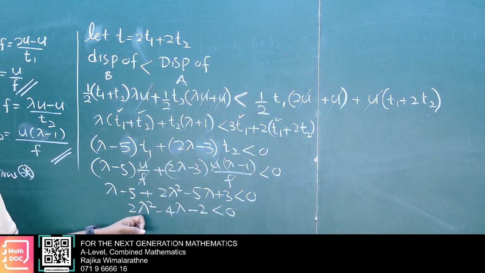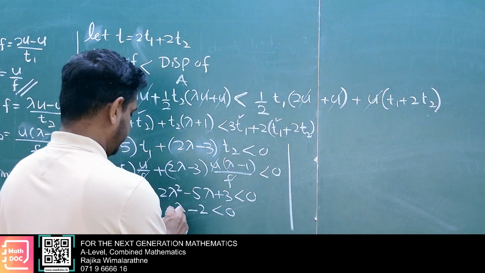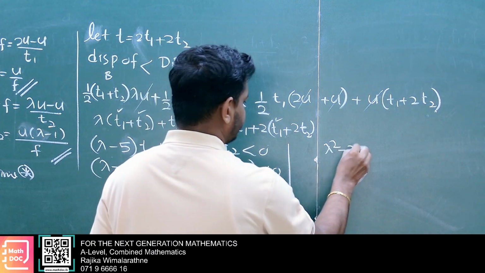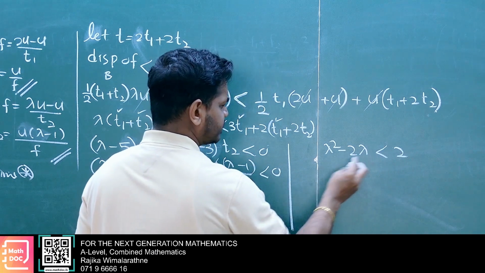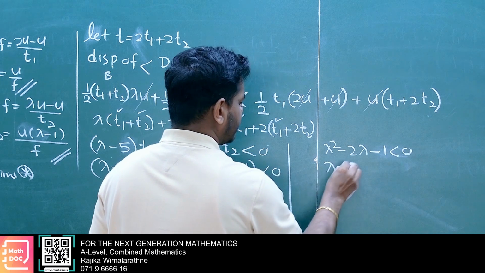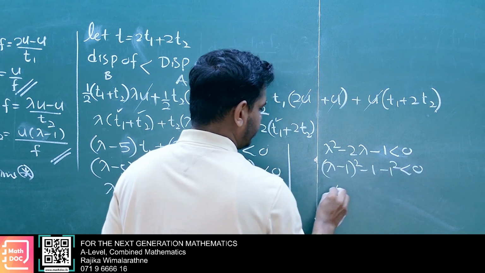Further we can simplify: lambda squared minus 2 lambda less than 2. Now use the complete square method: lambda minus 1 squared minus 1 less than 2.